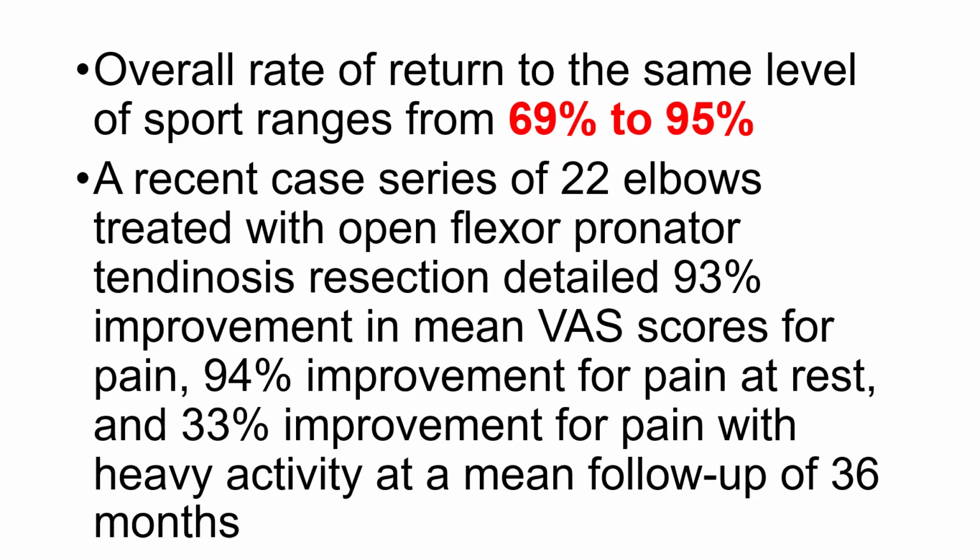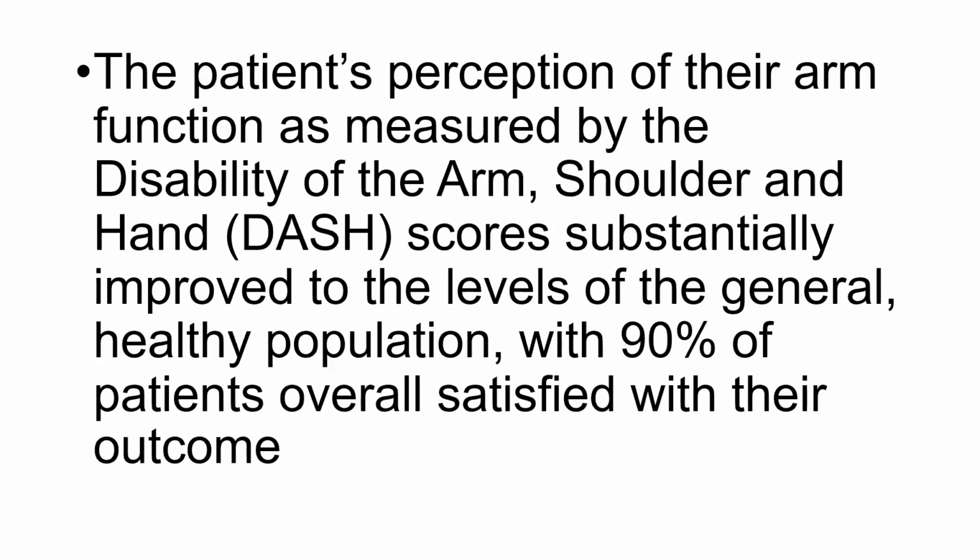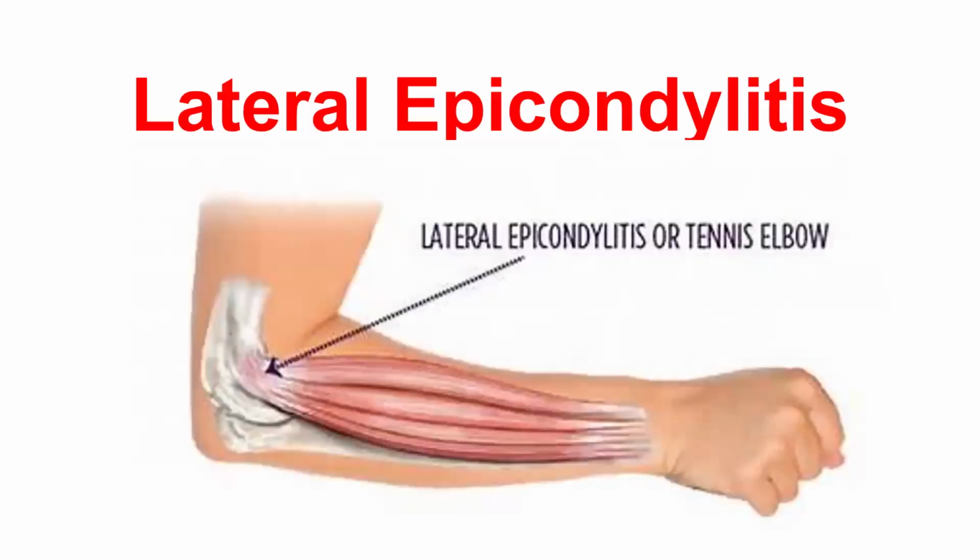So the treatment is effective. The patient's perception of their arm function, as measured by the Disabilities of the Arm, Shoulder and Hand (DASH) scores, substantially improved to the levels of the general health population, with 90% of patients overall satisfied with their outcome.